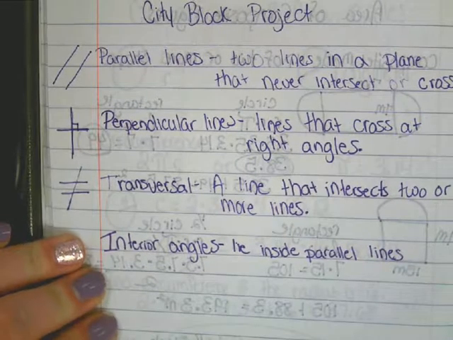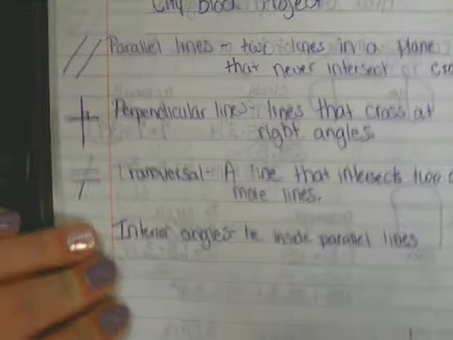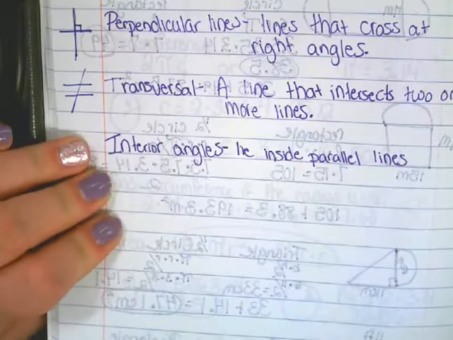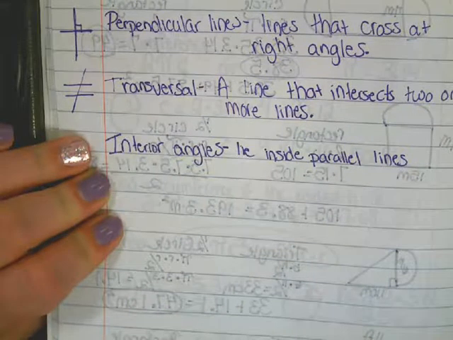After that one, you're going to want to skip at least one line, if not two, because we're going to go back in and fill in examples of interior angles later. You can skip two if you want.